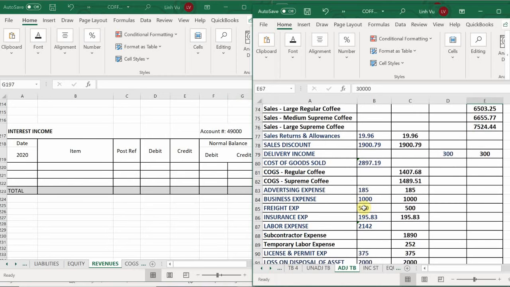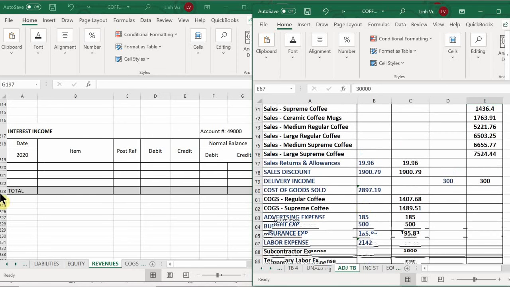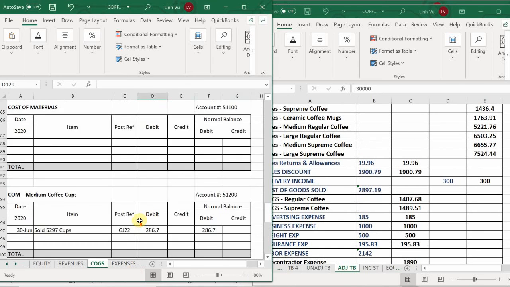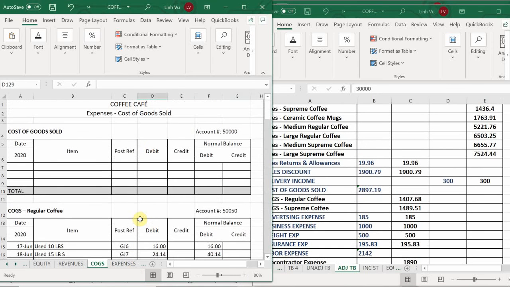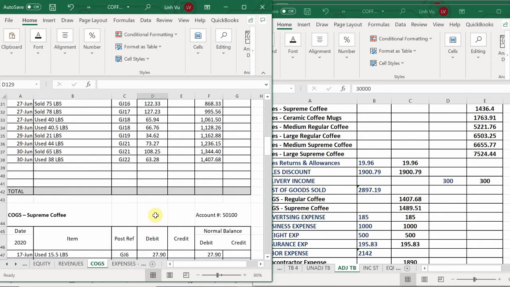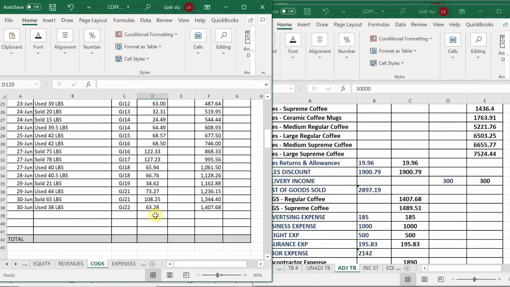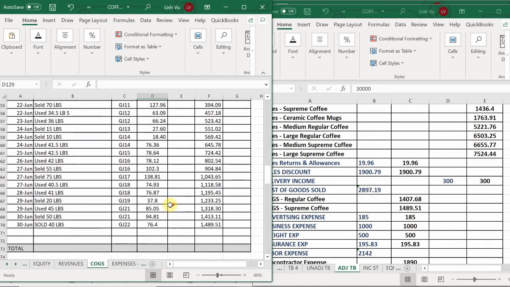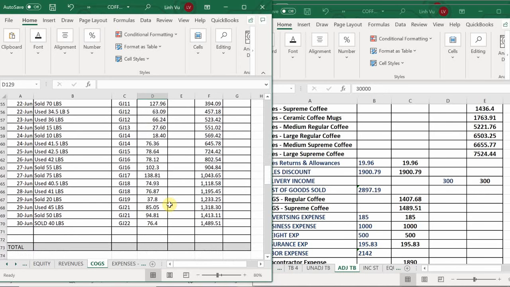So then let's talk about the cost of goods sold. Now we have an account, yes, we do. We have the cost of goods sold for the ceramic coffee mugs. But let's double confirm that the other ones are the same. Do we still have the cost of goods sold for the regular coffee at $1,407.68? Yes. Then the Supreme coffee is still $1,489.51.